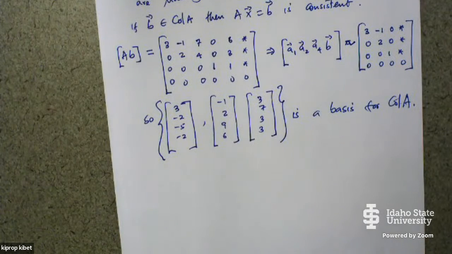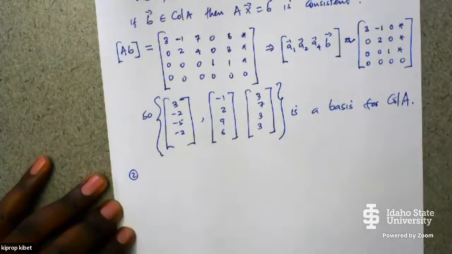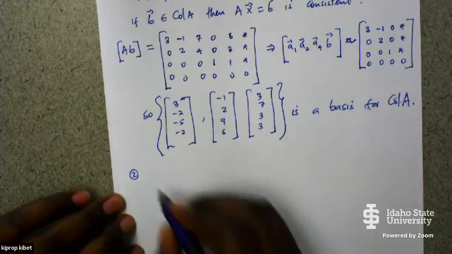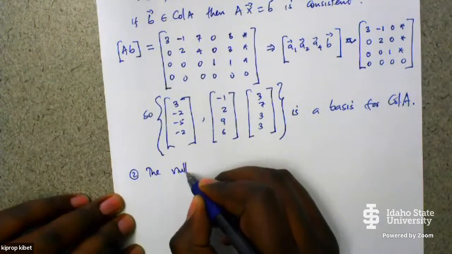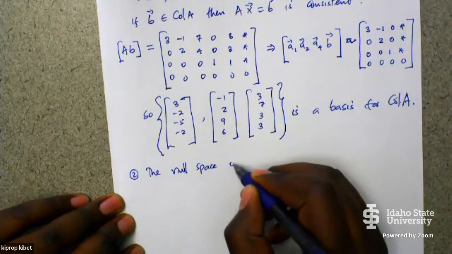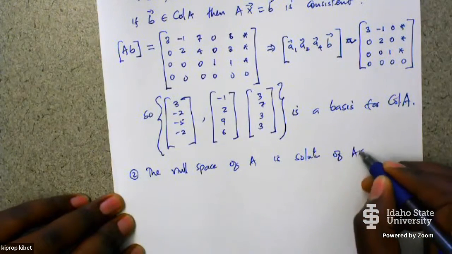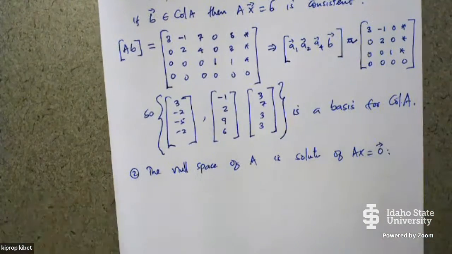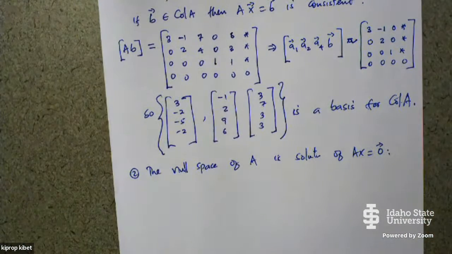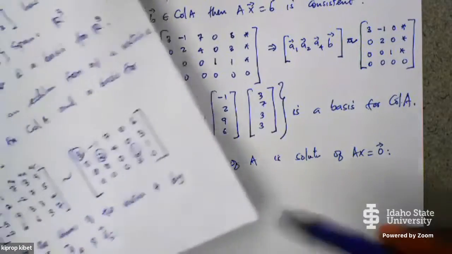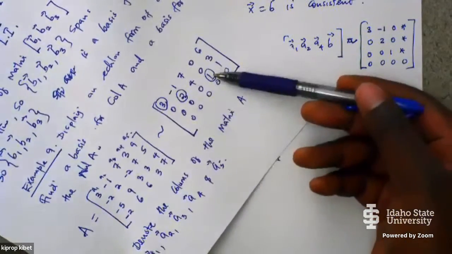Okay. Now, number 2, to get the null space: the null space of A is the solution of AX equals 0. We are already given the reduced matrix, which is this.